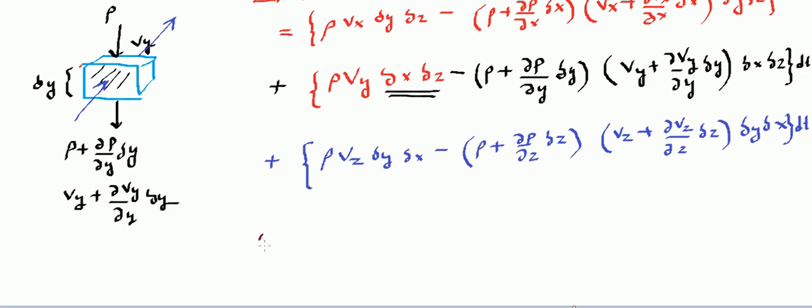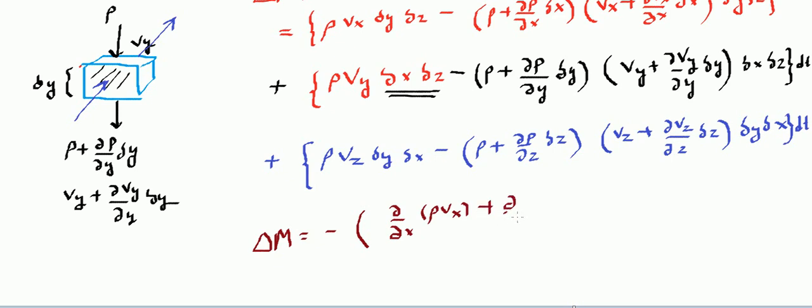So inside the control volume, the total change in mass due to the motion of the fluid along x, y and z direction is found to be minus, in bracket, d by dx of rho vx. This you will find after doing all the mathematics and cancelling the equal terms.